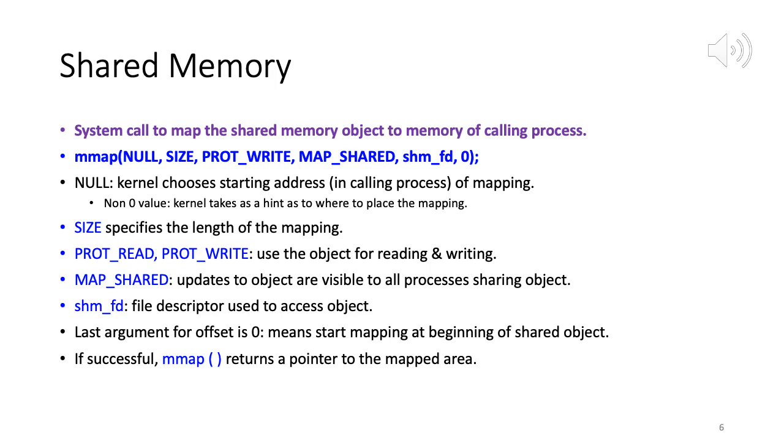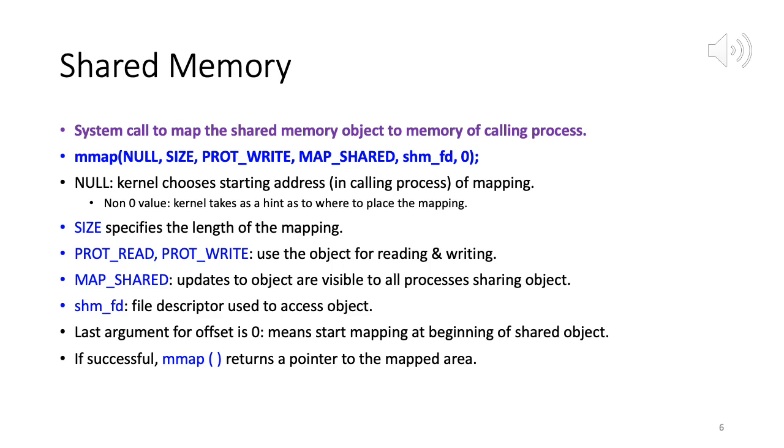The last argument is for offset. It means start mapping at the beginning of the shared object. The other question is, where in the shared object do you want to start the mapping? At the 0 memory location, or somewhere else? For our case, we put that as 0. If the system call is successful, it returns a pointer to the mapped area, so it will return an address.